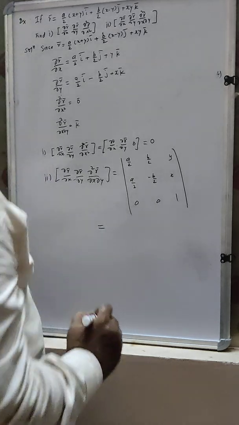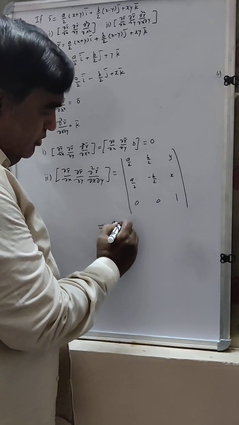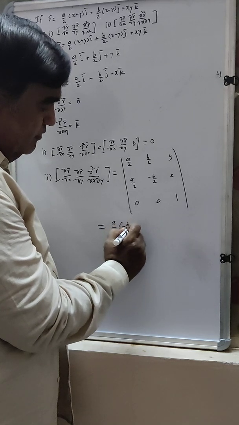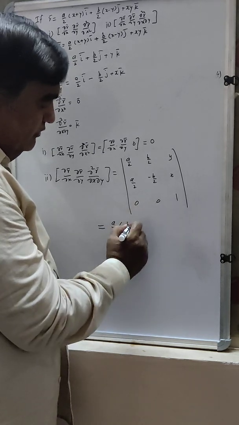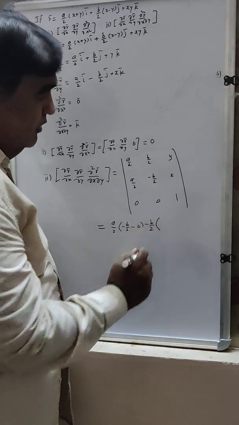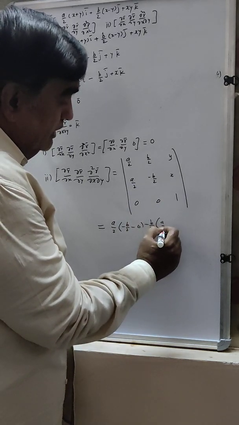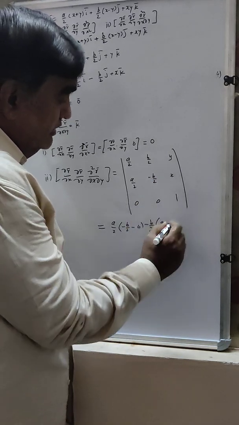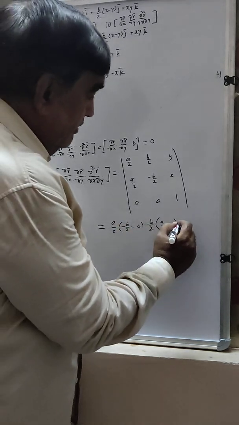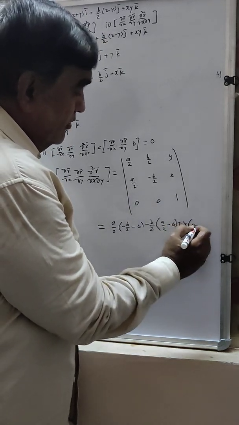This is equal to a/2 into minus b/2 into 1 is minus b/2, and 0 into x is 0, minus 0, minus b/2, a/2 into 1 is a/2, 0 into x is 0, minus 0, plus y, this into this 0, 0 minus 0.